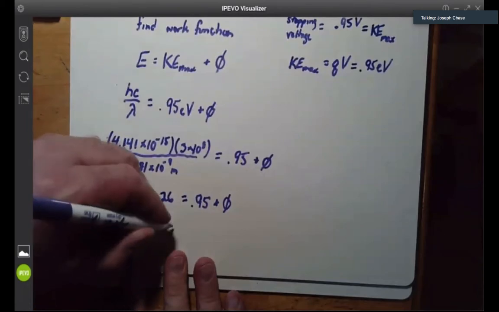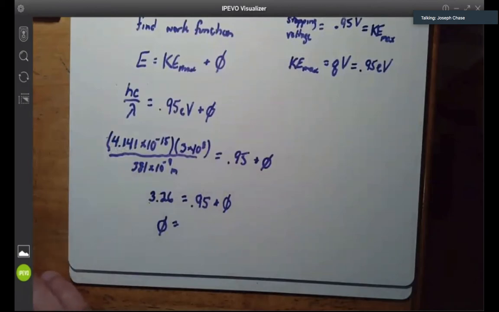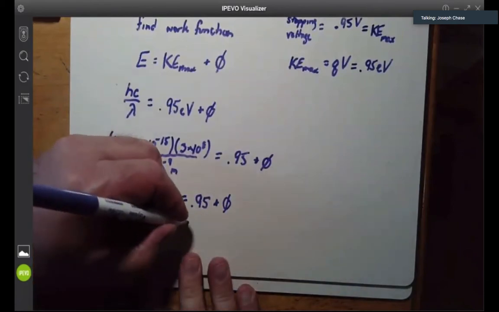Great, so I just have to subtract 0.95, and you can see that actually the math is not bad at all. So the work function is 2.31 electron volts.